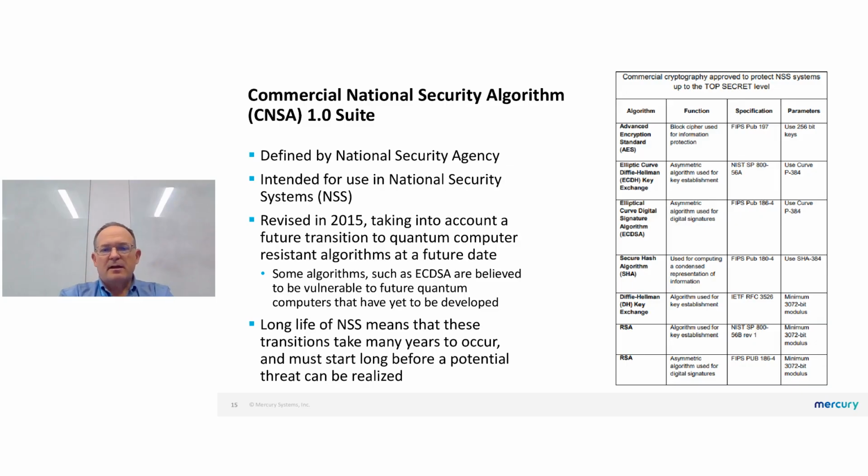The Advanced Encryption Standard is a symmetric key algorithm used for encryption and decryption of data. Elliptic curve Diffie-Hellman is used for key exchange between parties. That's generally used in concert with the Elliptic Curve Digital Signature Algorithm, which is used to authenticate those sorts of transactions, as well as, as I previously mentioned, to verify the integrity of data from others.